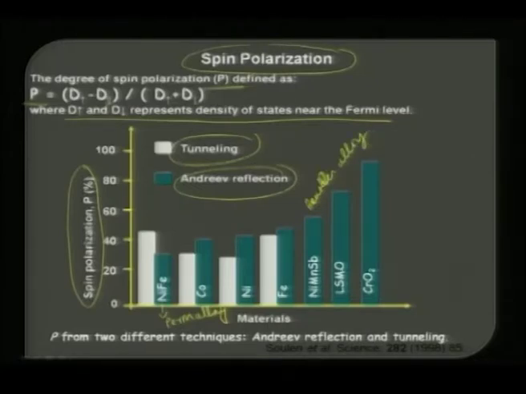Heusler alloy or lanthanum strontium manganites also show up to 75% spin polarization, but the best one is CrO2, which is a ferromagnetic metal that seems to show spin polarization up to 90% or so, because it is a half metallic ferromagnet.